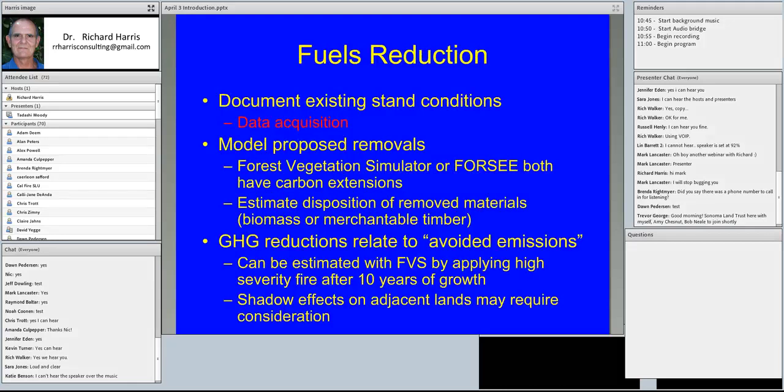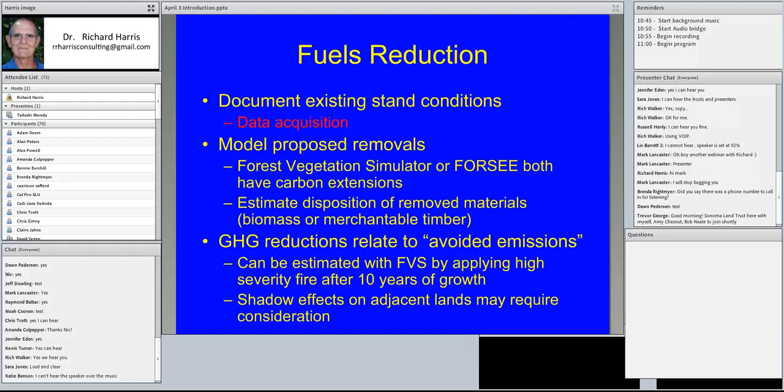For fuels reduction projects, we need to document the existing stand conditions. Again, there's a data acquisition issue there. Model proposed removals, either with the use of a simulator, Forest Vegetation Simulator or FVS-FFE, both of which have carbon extensions. We have to estimate the disposition of removed materials, biomass or merchantable timber.